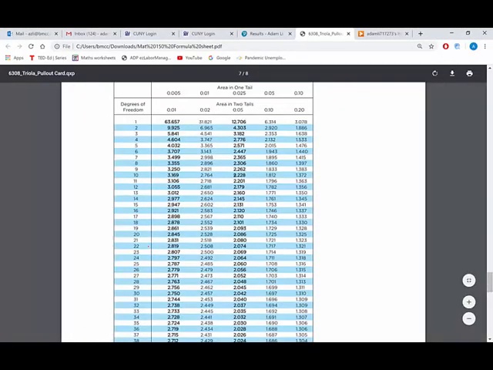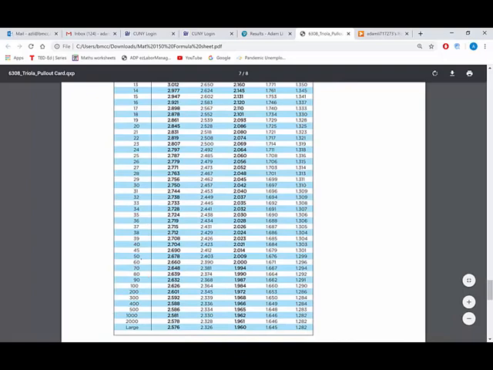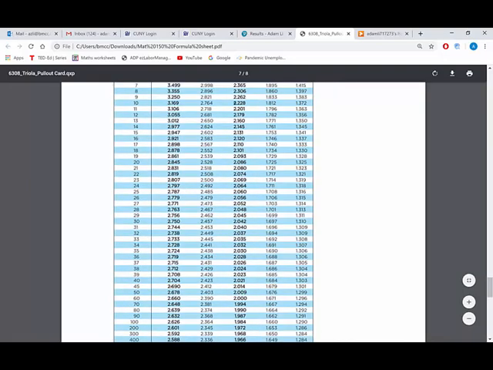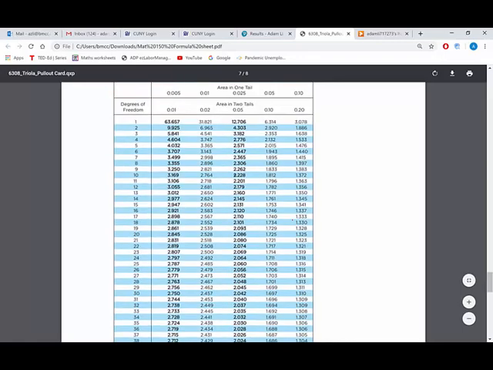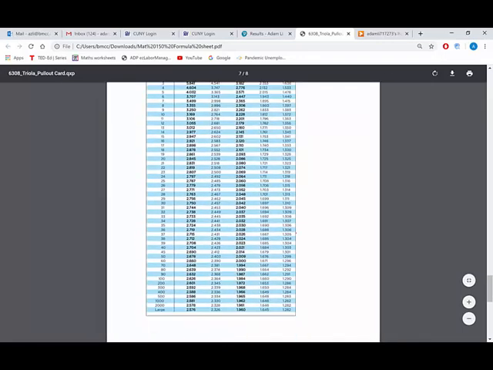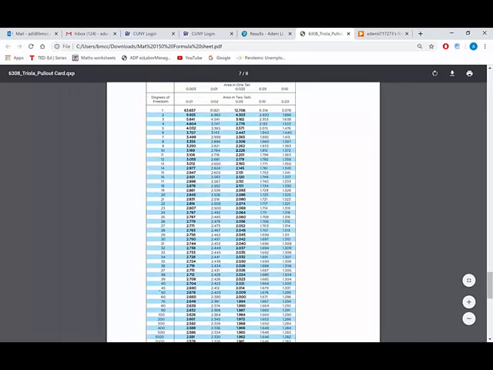We have 50 and 45, and 48 is close to 50. So according to this principle, the degree of freedom equals 50, the area in two tails alpha equals 0.05, and we have the intercept, which is 2.009. That's the critical t-score we're looking for here.